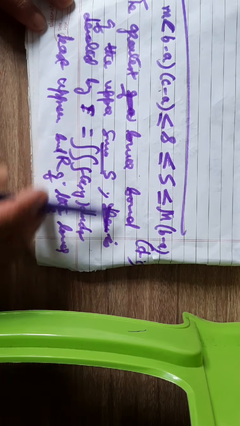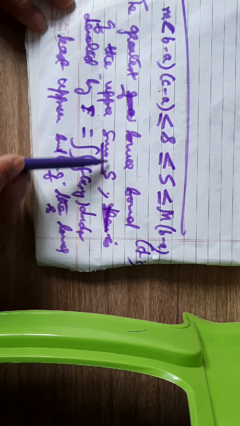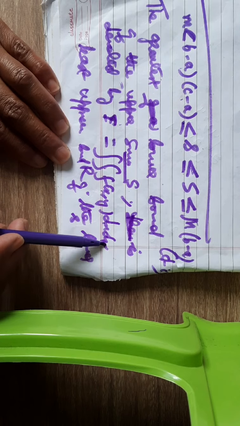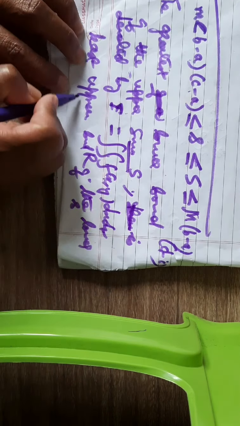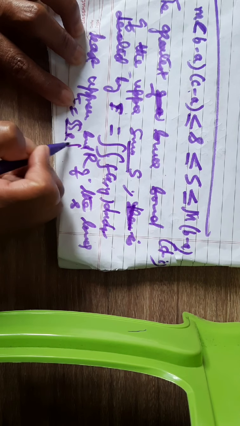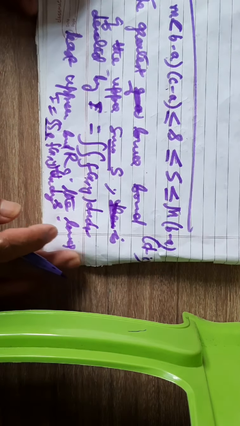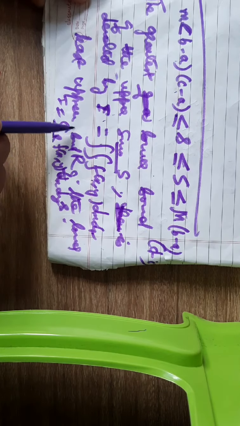Then the greatest lower bound of the upper sum S will be denoted by this double integral of f(x,y) dx dy, and the least upper bound of the lower sum will be denoted by the double integral with a bar, of f(x,y) dx dy. Now what we have here is that the double integral will exist if these two values are the same.